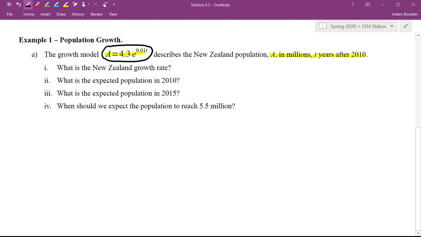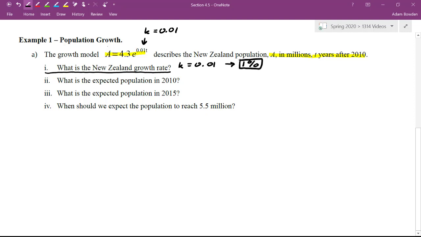The first thing to answer is, what is the New Zealand population growth rate? Well, looking up at our function, the 0.01 is going to tell us our k value. And that's our growth rate, in other words. Our growth rate comes from the 0.01, which we'll say is 1%. So the growth rate is 1%.